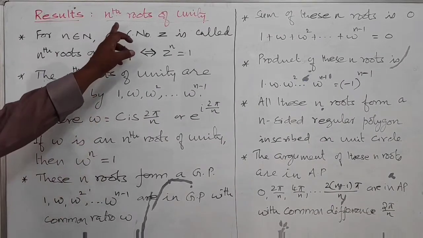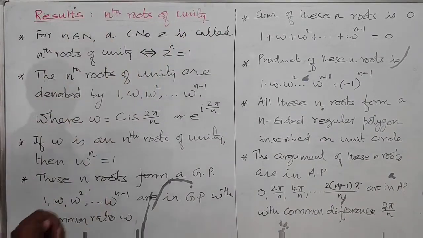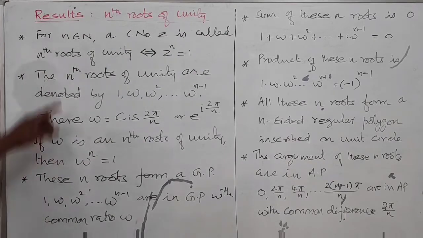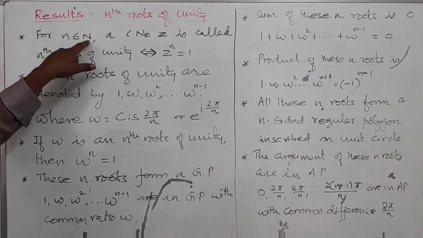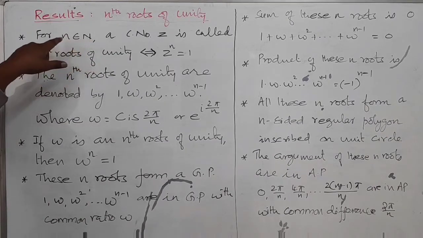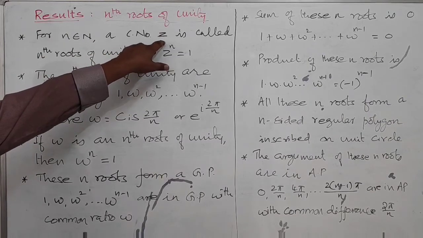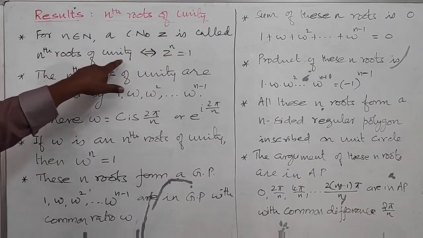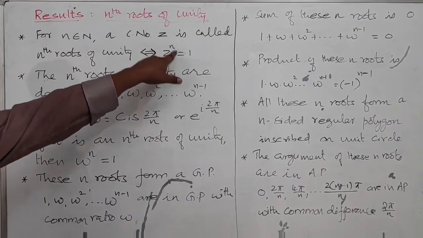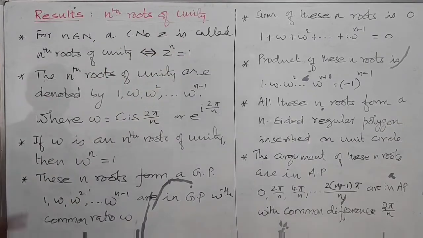Now let us see the results regarding nth roots of unity. See the first one: for n belongs to capital N, a natural number, or you can consider positive integers. If n is a positive integer, the complex number z is called an nth root of unity if and only if z power n is equal to 1.